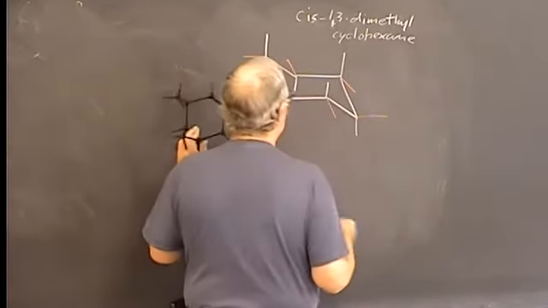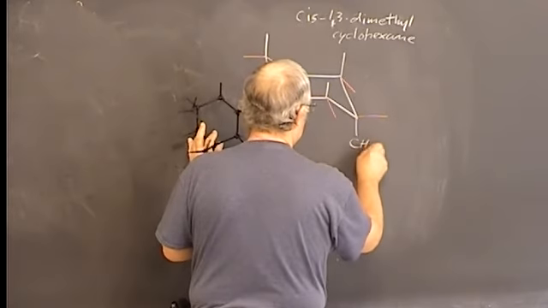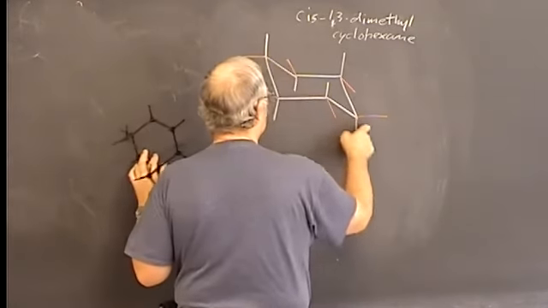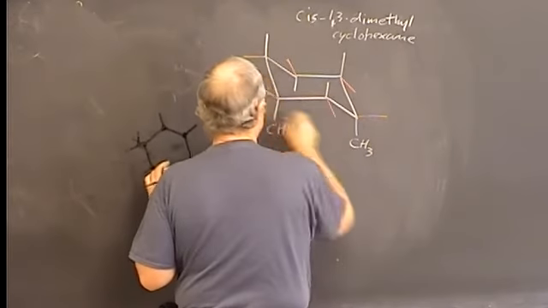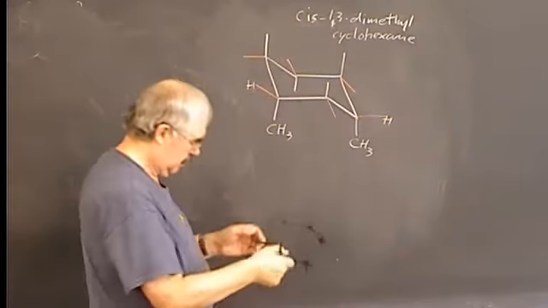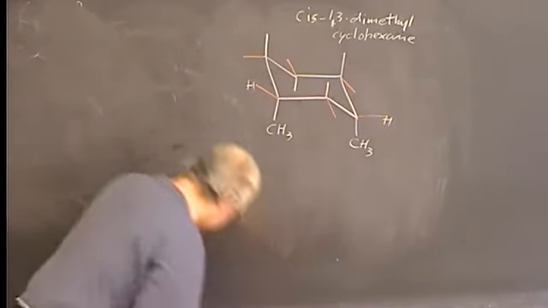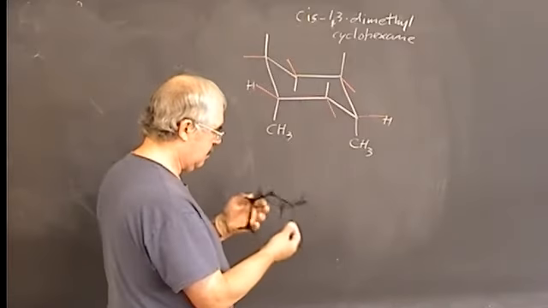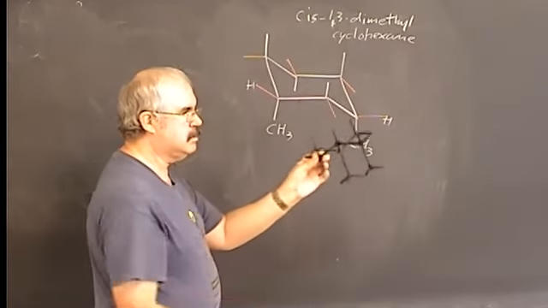I can start anywhere. I'll start here. So that's 1, 2, 3. So that's the cis, and that would look like this. This is the cis 1,3-dimethyl.